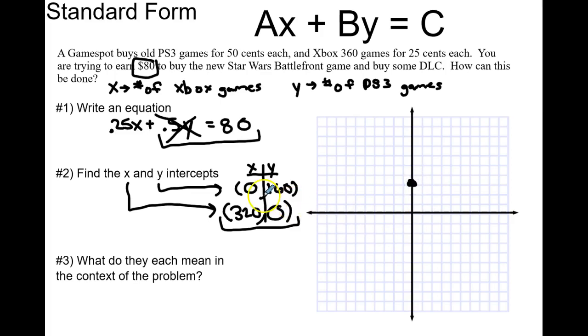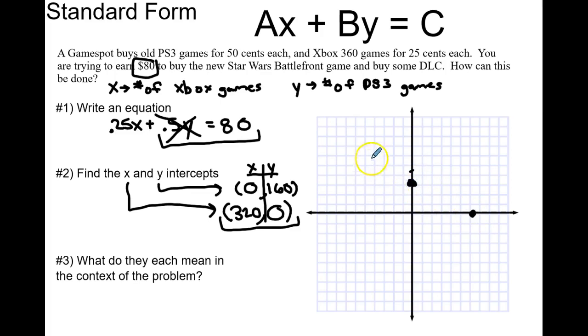And then 320, 0. Let's call these 50 as well: 50, 100, 150, 200, 250, 300, 350. So we want to be about right there. These are 2 ways that we could make $80, there and there.